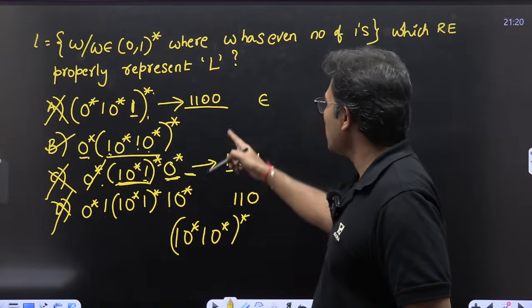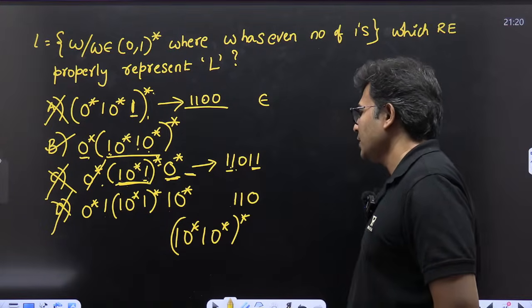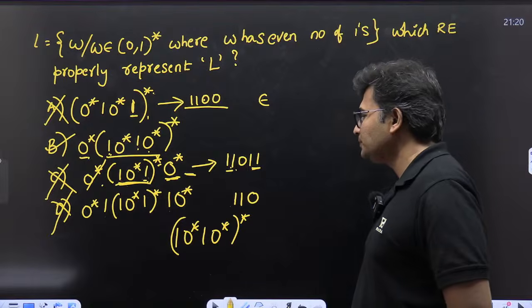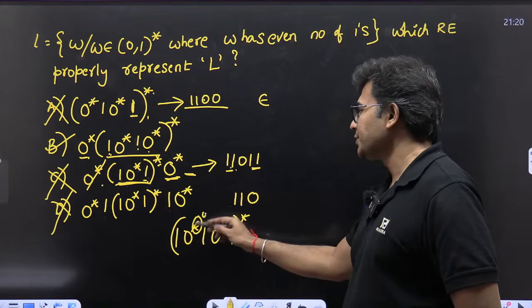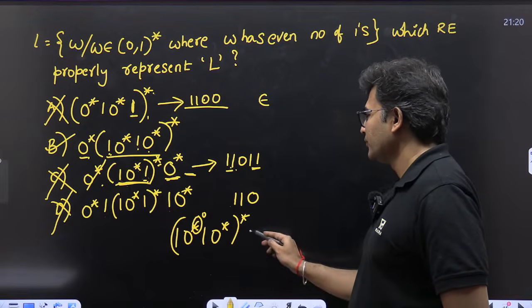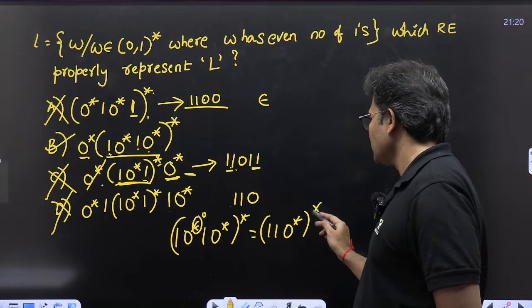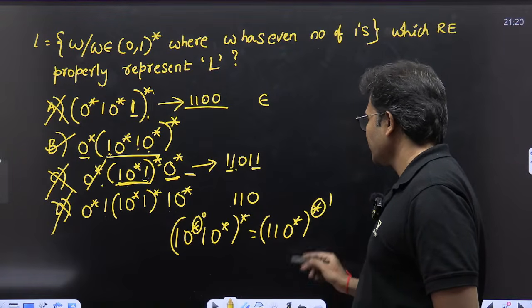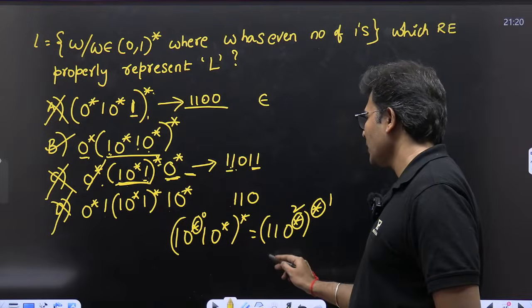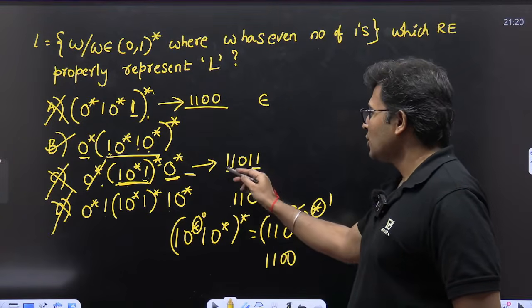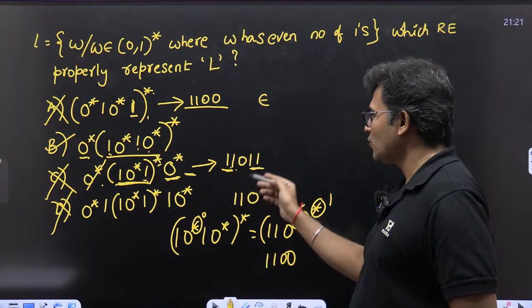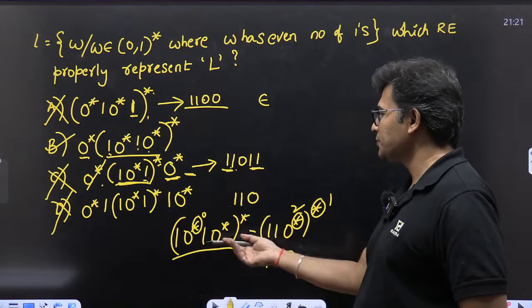So what do I want? I want 1, 1, 0, 0, right? So I'll put a 0 here. Then I'll get 1, 1, 0 star, star. I'll put a 1 here and I'll put a 2 here. Then I'll get 1, 1, 0, 0. If you want 1, 1, 0, 0, 1, 1, you can use this 2 times, right?